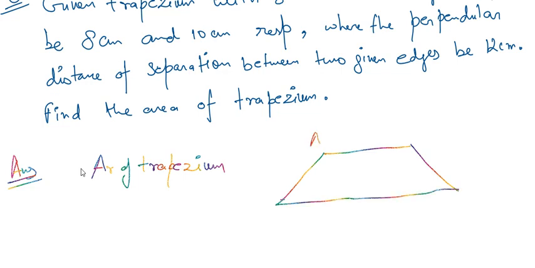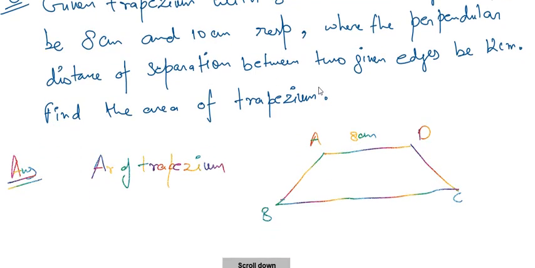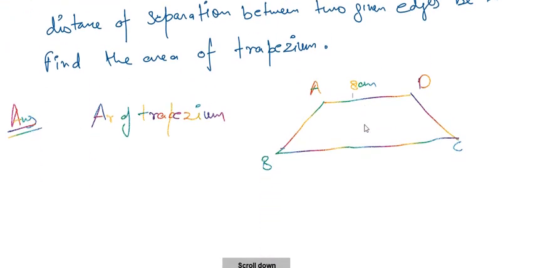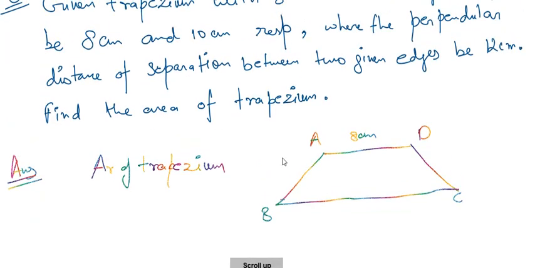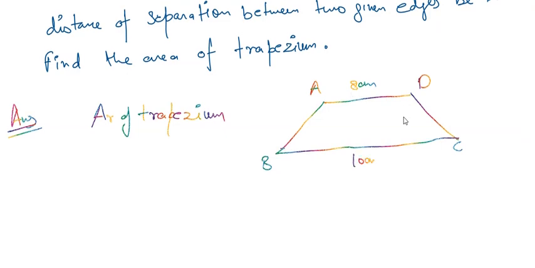So let me mark A, B, C and D, where my AD length, it's given that my shorter edge is 8 centimeter, where my longer parallel edge, I should write, okay, you must know that we would be giving parallel edges only. So my longer edge is about 10 centimeter. Clear enough? I have this parallel. See, A and B and C and D are not parallel. They must not be parallel to call this figure ABCD a trapezium.